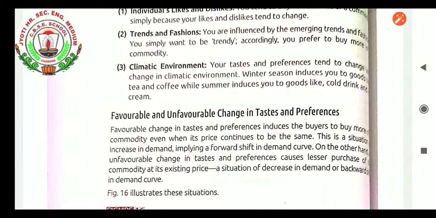Favorable and unfavorable change in taste and preference: favorable changes induce the buyer to buy more of the commodity even when its price continues to be the same. This is a situation of increase in demand, implying a forward shift in the demand curve. On the other hand, an unfavorable change in taste and preference causes lesser purchase of the commodity at its existing price, a situation of decrease in demand or backward shift in the demand curve.